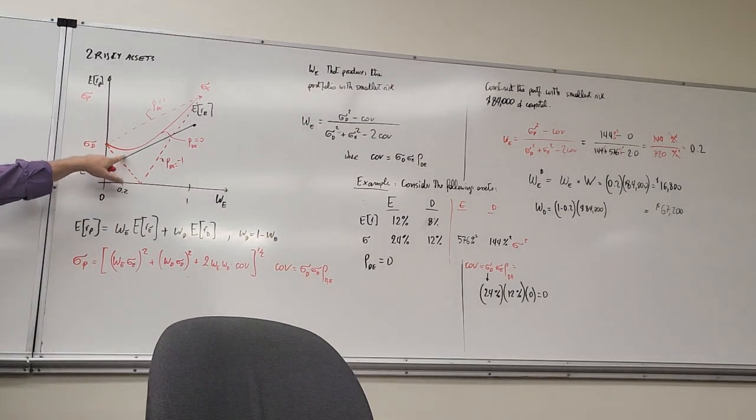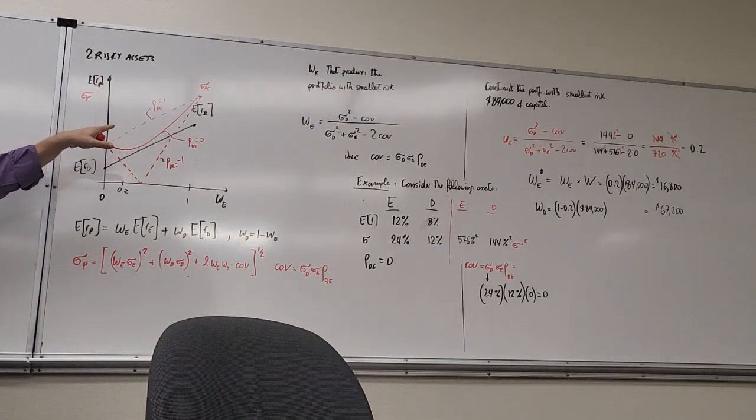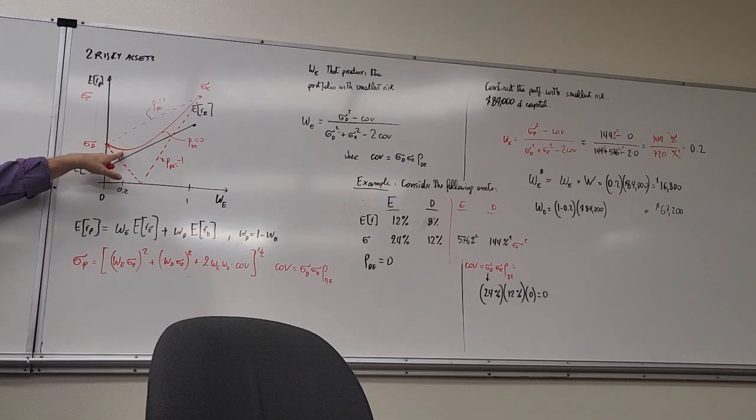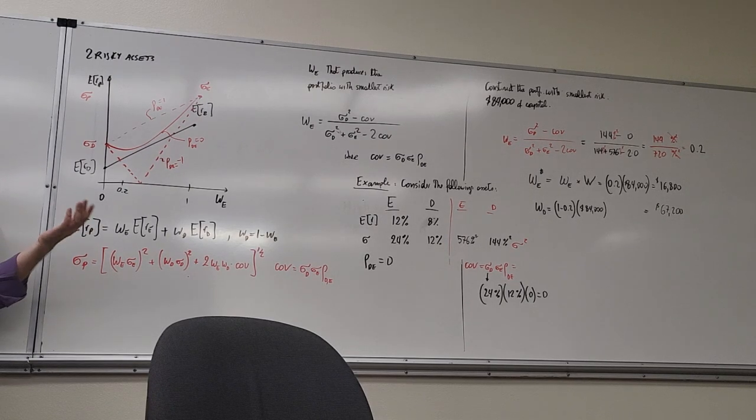But if I want to know where this curve reaches its lowest, I have to evaluate that at 0.2. Yeah? So be careful with the way the questions are being posed. Sometimes I want to know the weights, sometimes I want to know the actual value of risk. Questions?